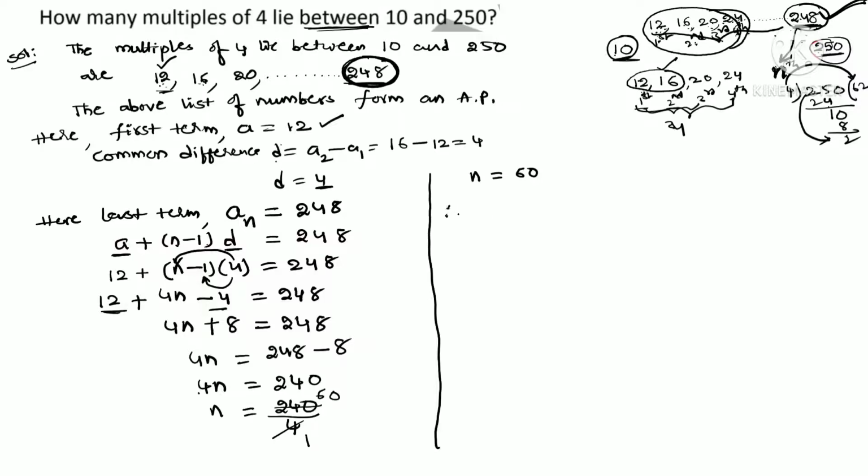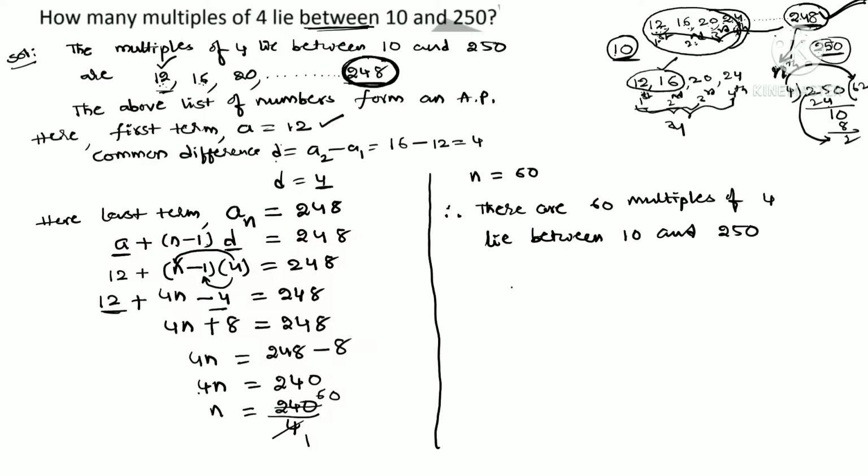Therefore, there are 60 multiples of 4 lie between 10 and 250.